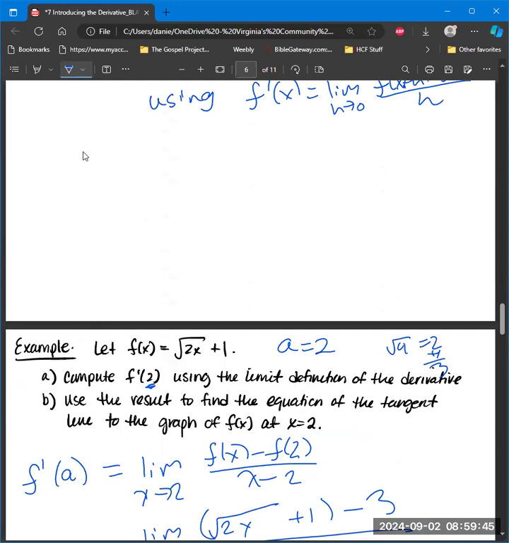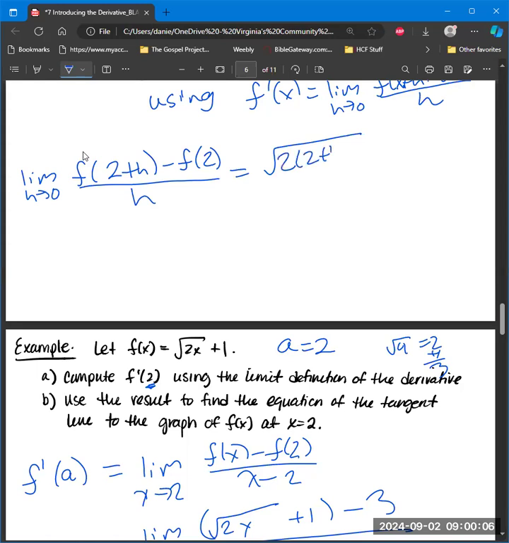So if I have the limit as h approaches 0 of f of 2 plus h minus f of 2 over h, we'll get the square root of 2 times 2 plus h plus 1 minus the square root of 2 times 2 plus 1, over h, and I need the limit as h goes to 0.